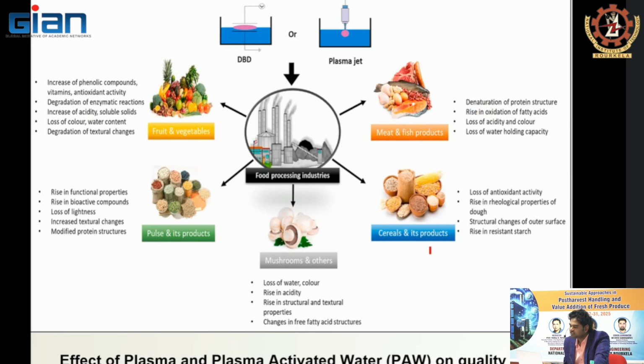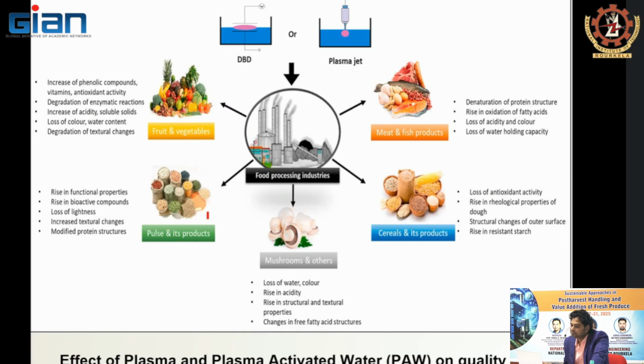And then in cereals and pulses, it is used to reduce toxins. If you see aflatoxin content in the case of groundnut, aflatoxin content in the case of chili can also be degraded using plasma.